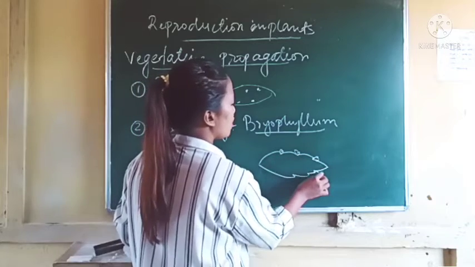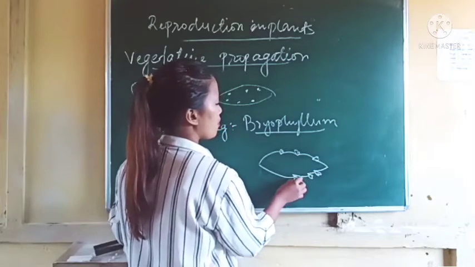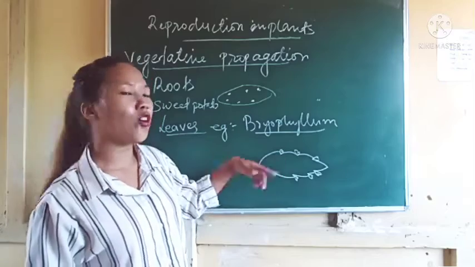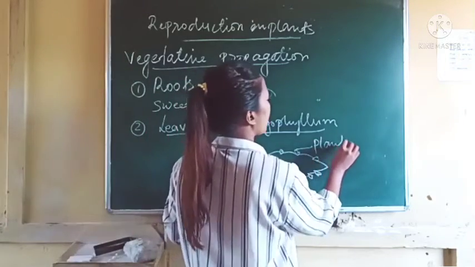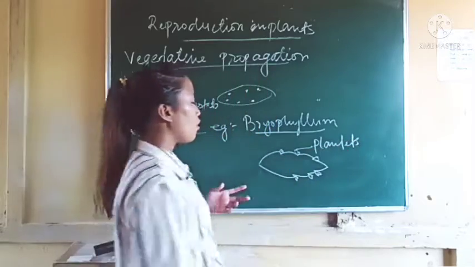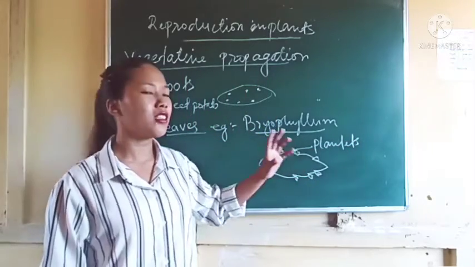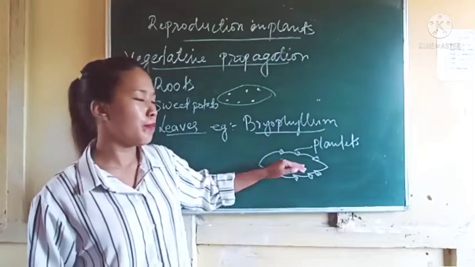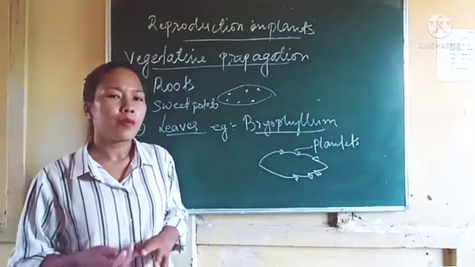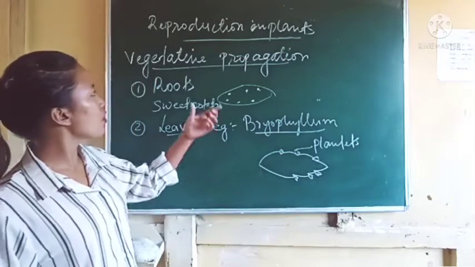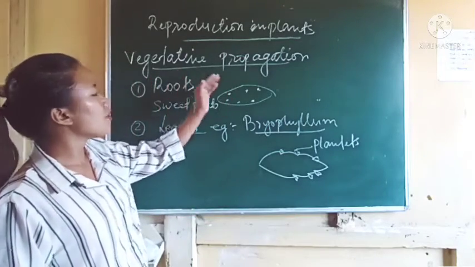All these new leaves are called plantlets. When a plantlet gets detached from the parent leaf and falls down, it will give rise to a new plant. So this is also one of the vegetative propagation methods.